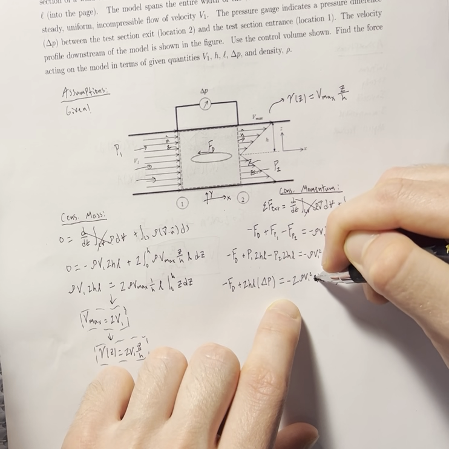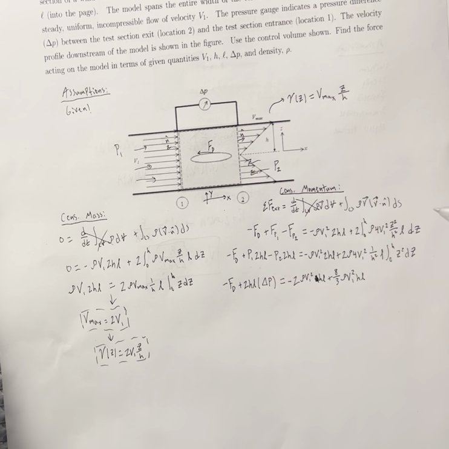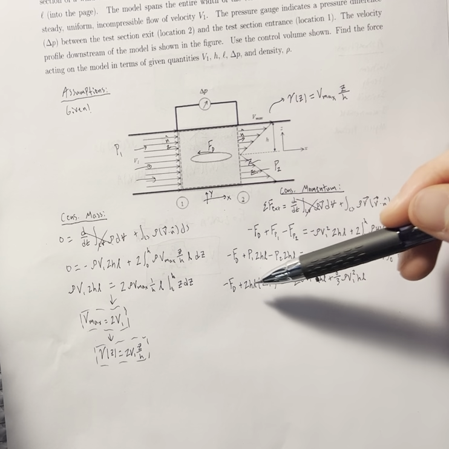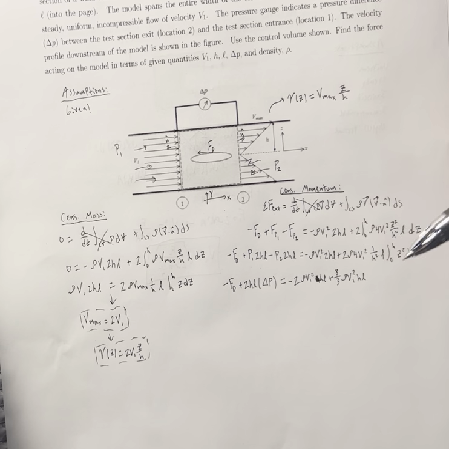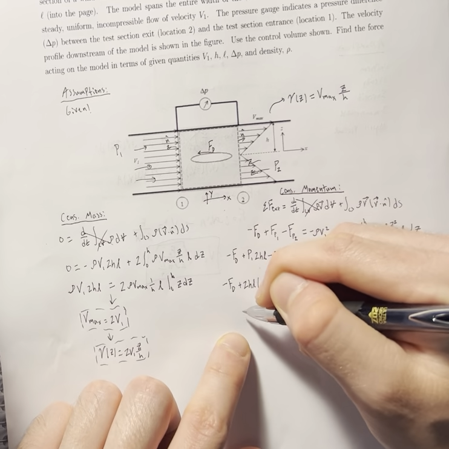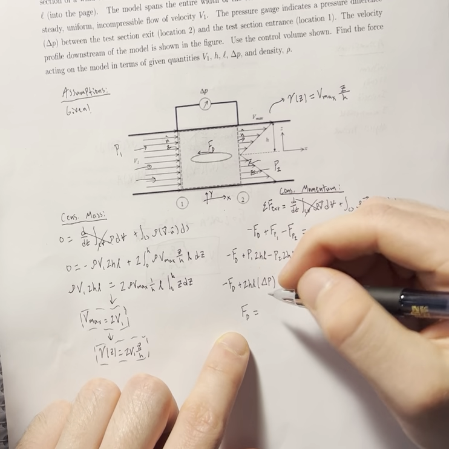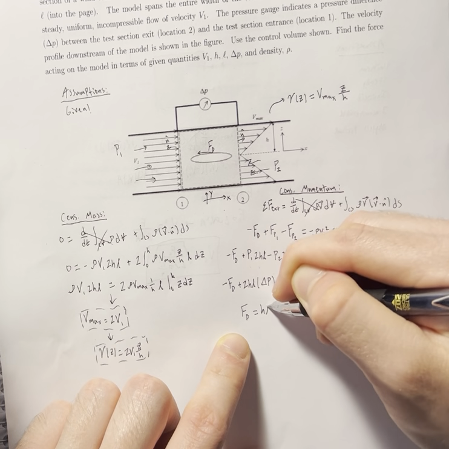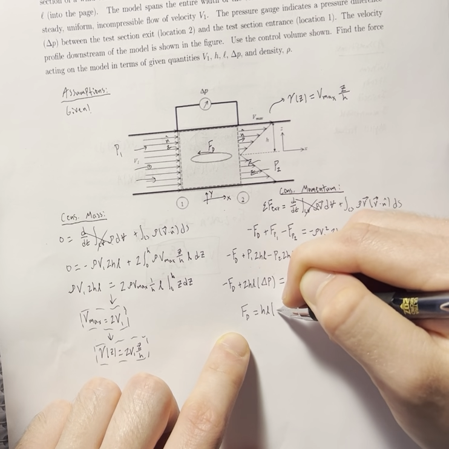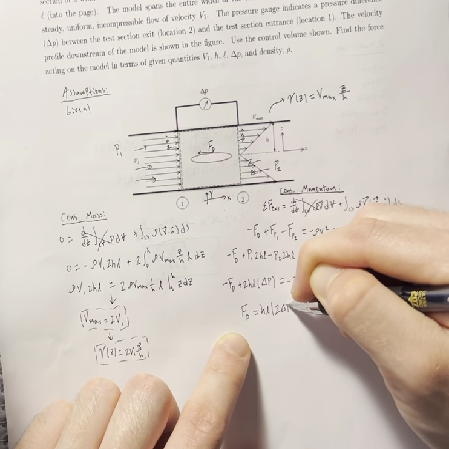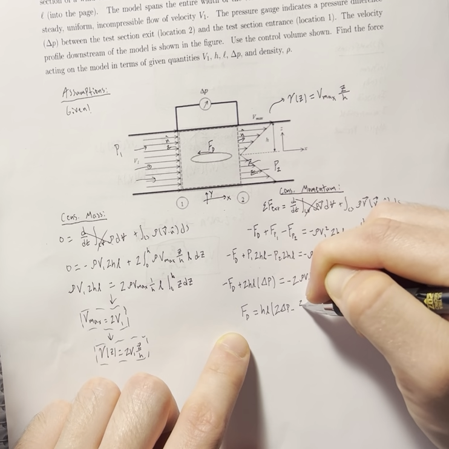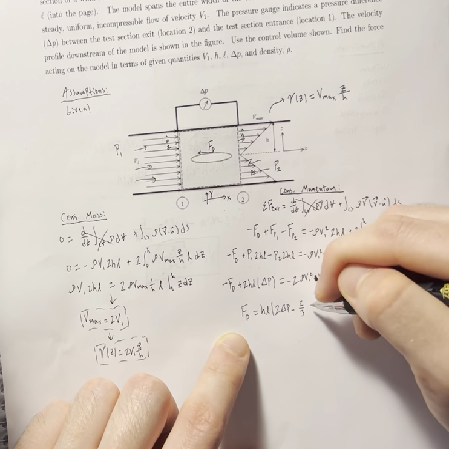Whoops. Simplified too much. Anyway, just keep going. We're just solving for this FD. Just manipulate. We have everything we want now in terms of everything else, so just keep solving. You end up getting FD equals HL times 2 delta P minus 2/3 rho V1 squared.